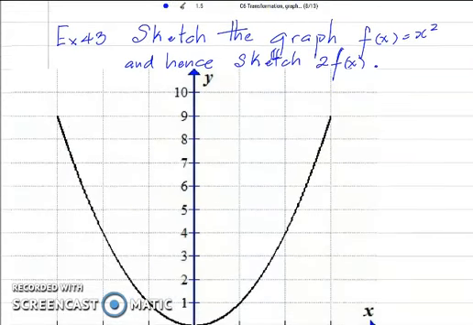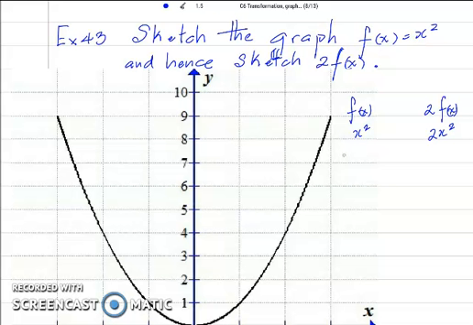Example 43 says, sketch the graph of f(x) = x squared, and sketch the graph of 2 f(x). So we have f(x), which is x squared, and we have 2 f(x), which would be 2x squared. There are some standard points on the graph of f(x) = x squared.